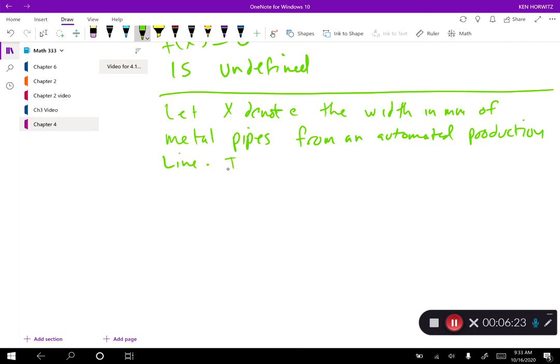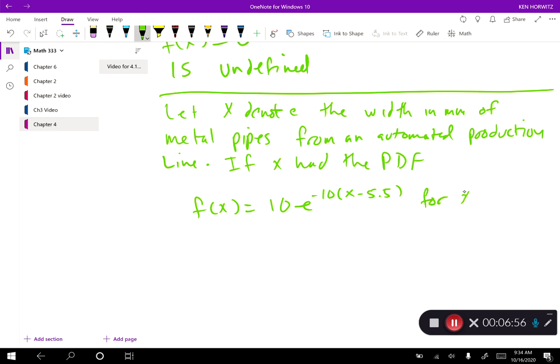If x has the PDF, the probability density function, f of x equals 10e to the negative 10 parenthesis x minus 5.5 for x greater than or equal to 5.5, or f of x equals 0 for x less than 5.5.